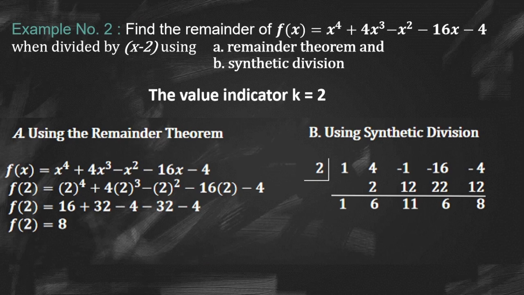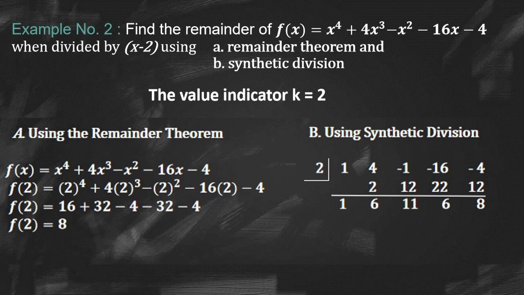So let's have another example. In this example, we will find the remainder of the polynomial f of x equals x to the power of 4 plus 4x cubed minus x squared minus 16x minus 4 when divided by x minus 2, by using the two methods, which are the remainder theorem and synthetic division.